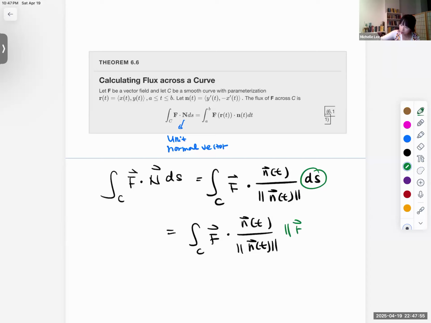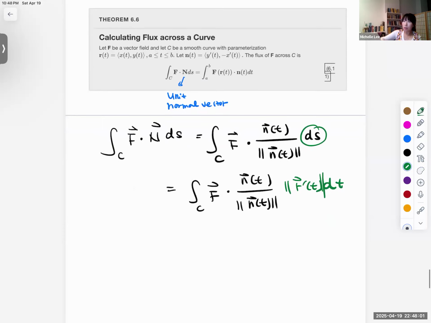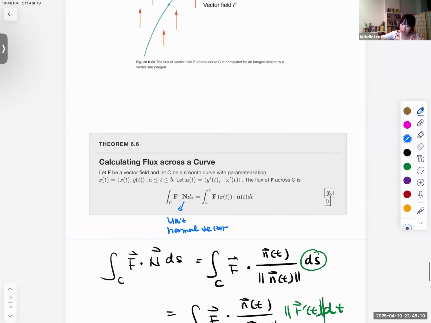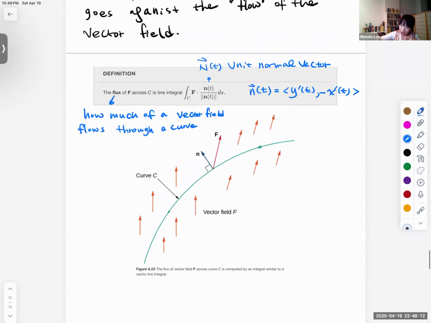Now, n of t, as I mentioned earlier, is y prime of t and minus x prime of t.